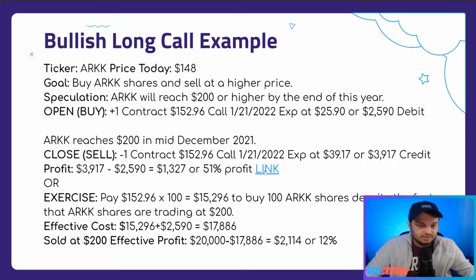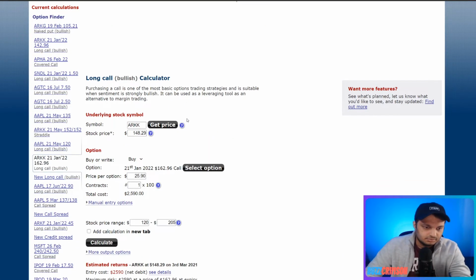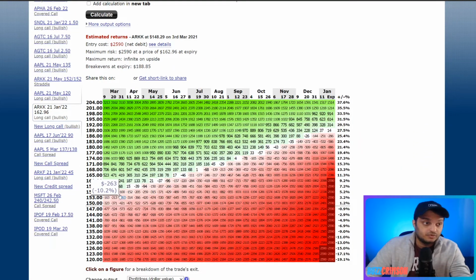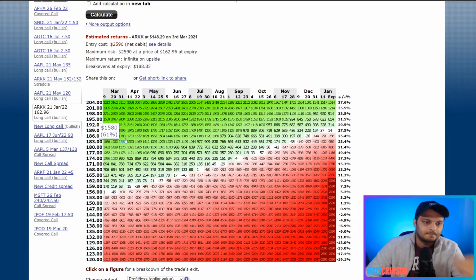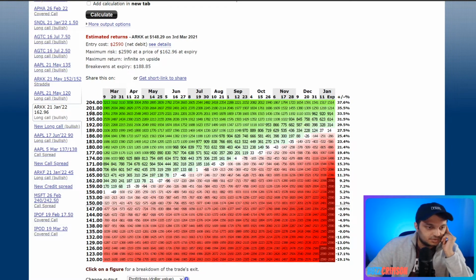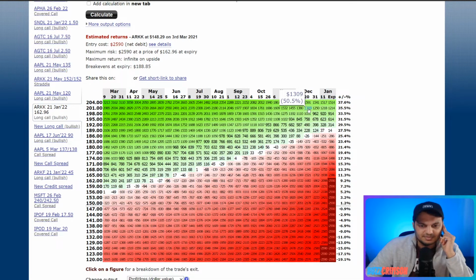Here's a link that you can click and it'll take you to that trade. As you can see, this is a tool from Option Profit Calculator. So let's say around December, we don't have the 200 price here, but we can look at 201 around December.